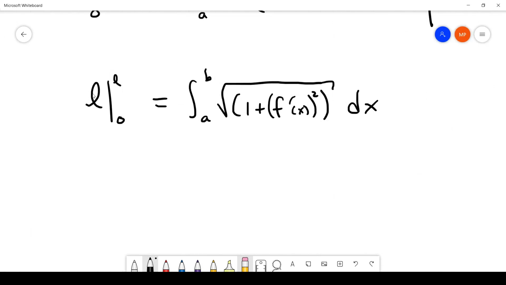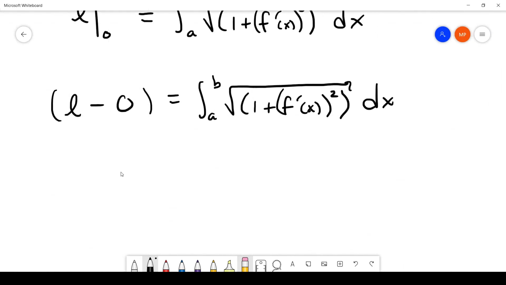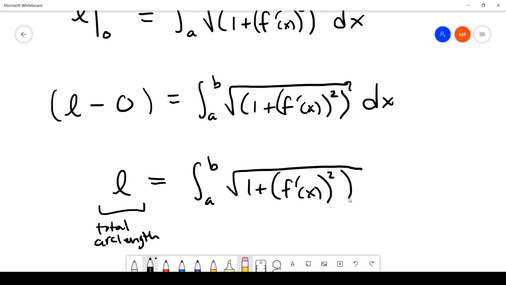And the value of L integrated from 0 to L is just L minus 0. And finally, we know that L minus 0 is just L. So L, the total arc length, is equal to the integral from a to b of the square root of 1 plus f prime of x squared dx.